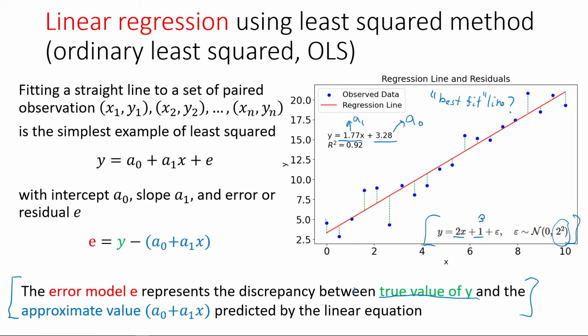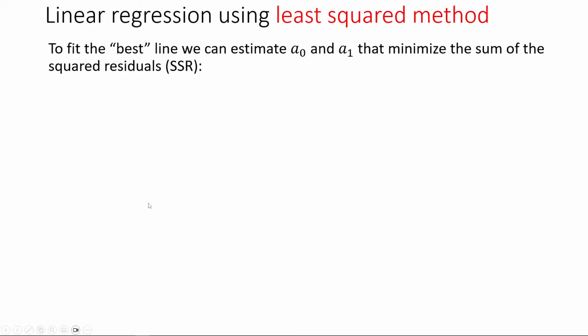We are trying to estimate the values of A1 and A0. You keep playing with the slope and intercept so that you minimize the residual, you minimize this E. So basically, this can be formulated as an optimization problem. What are the values of A1 and A0 that will minimize my E? That is how you can solve this one.